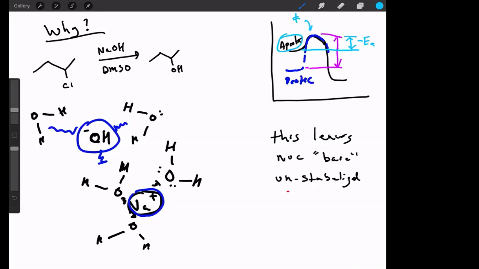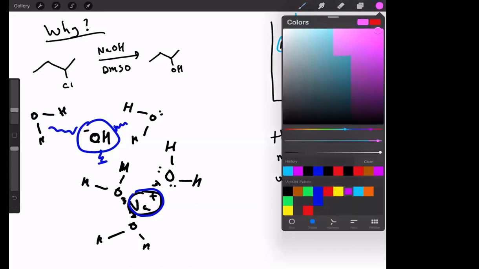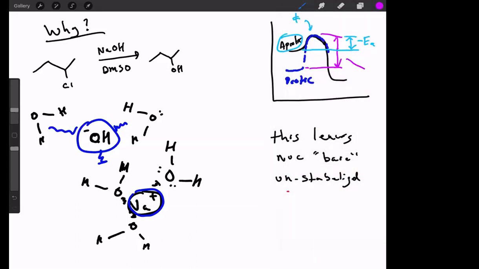When I use a polar protic solvent, I'm stabilizing both the counter ion, the sodium, and the nucleophile. So the activation energy in that case is larger because the actual reactants have a lower energy. They're stabilized through this interaction.